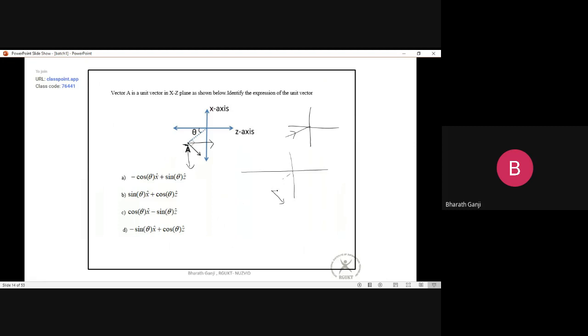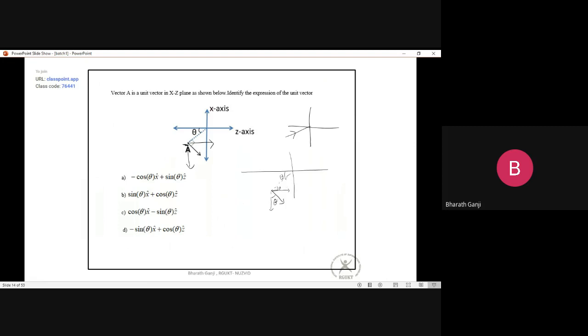So I can divide it into two components. This angle was given as theta. If this angle is theta, then this angle becomes theta. If this becomes theta, this becomes 90 minus theta. If this becomes 90 minus theta, this simply becomes theta.